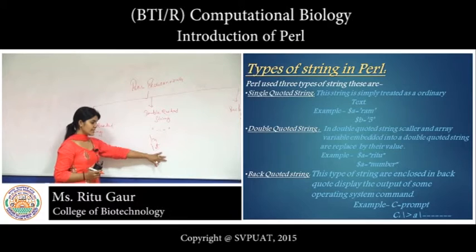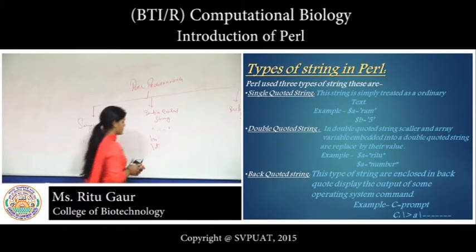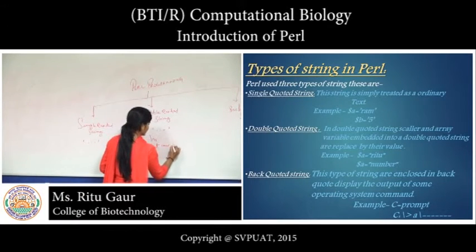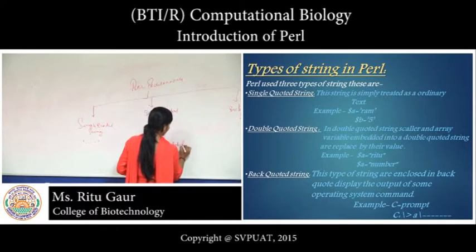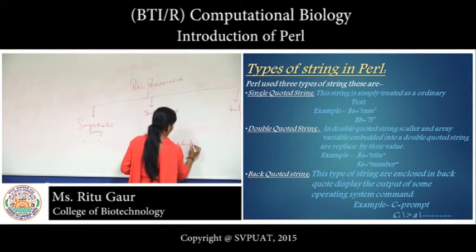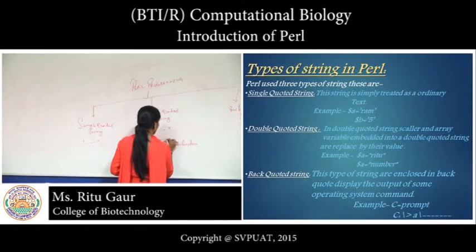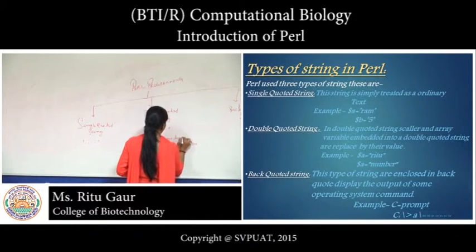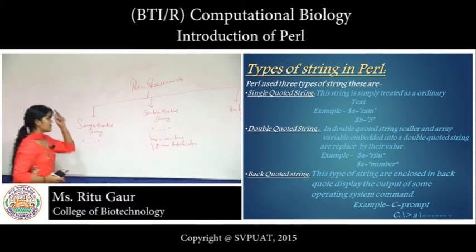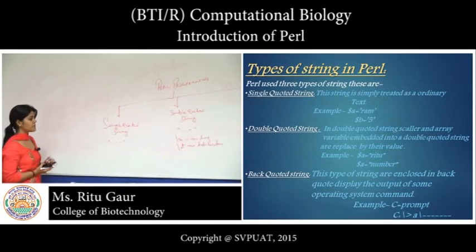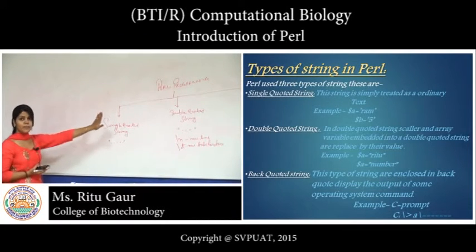And \t is used for a new tab character. These are the strings in which we can type data for Perl programming.